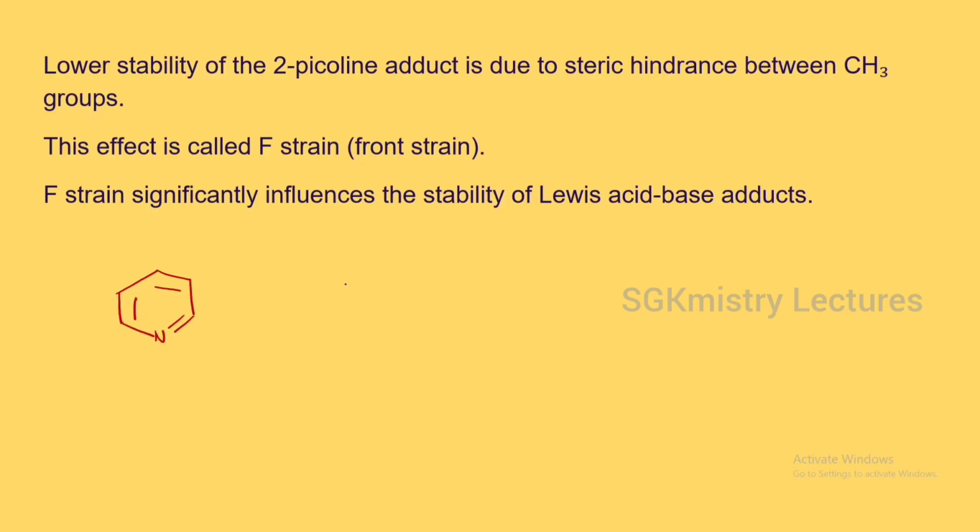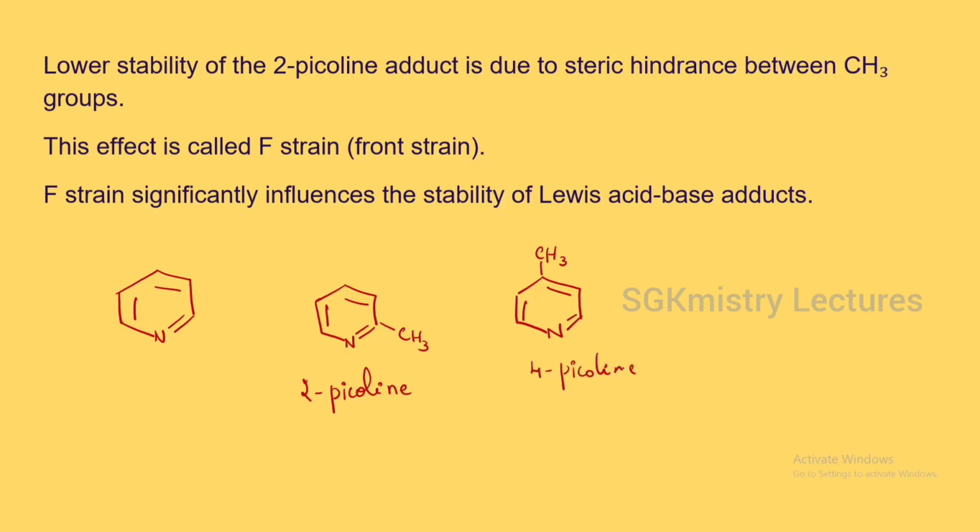So this is pyridine. We can also write the structure of picoline, where we have a methyl substituent on the pyridine ring. It is in the second position here, so this is 2-picoline. We also have another example, where the substituent is in the fourth position, so we have 4-picoline.